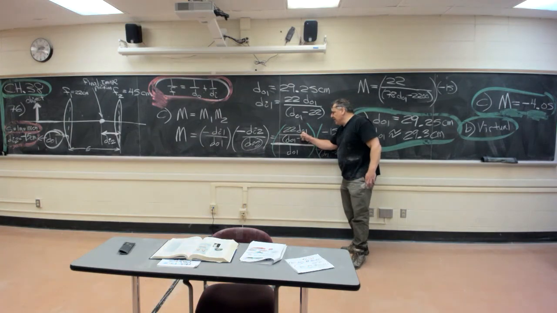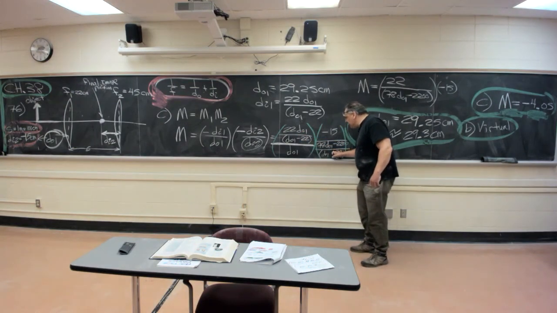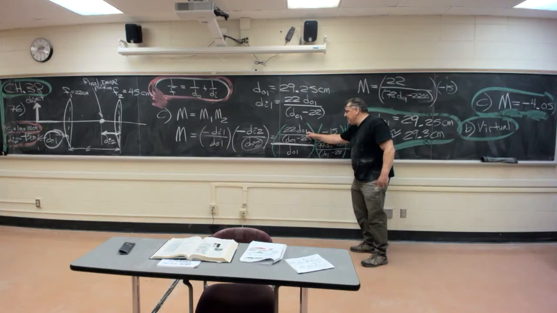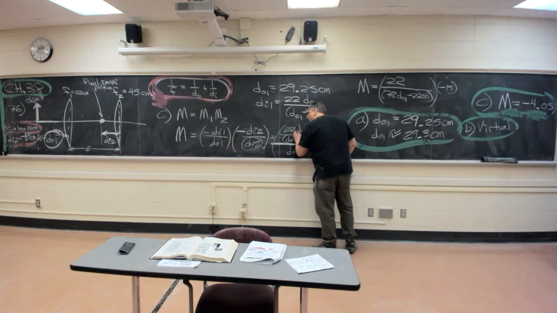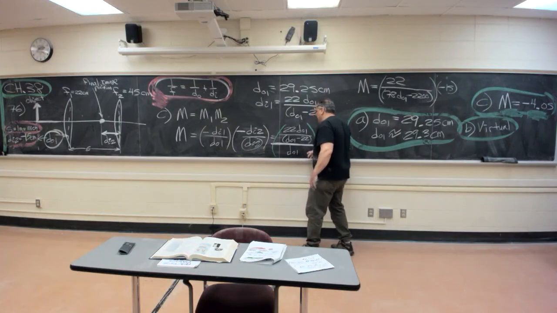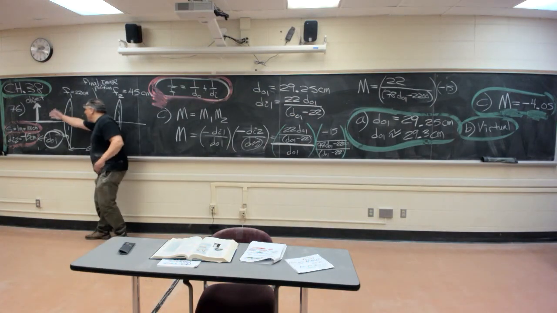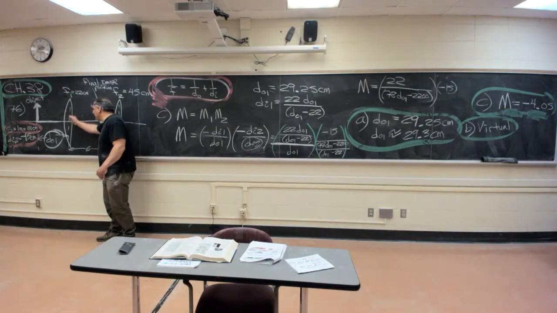This is the amount that it is in front of the first lens. This DI1 right here is the amount of distance that the image is on this side of the first lens.